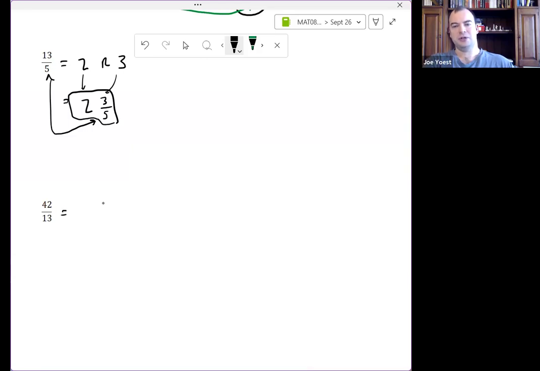Or something like 42 over 13, slightly bigger numbers. I wouldn't want to write these all out in terms of circles and slices of size 1/13 or lines of blocks that are 13 blocks long and start shading until I get 42 of them. I wouldn't want to do that. But I see the 13.